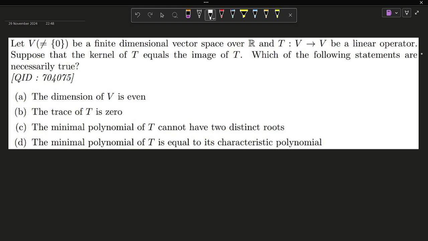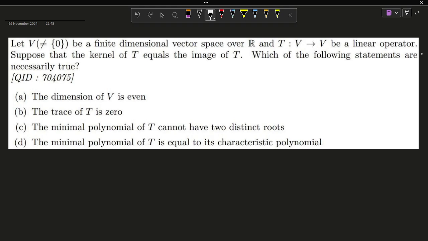So, this question is about linear algebra, and it is a multiple correct answer question. The question tells us: let V, not equal to 0, be a finite dimensional vector space over R, and T from V to V be a linear operator.